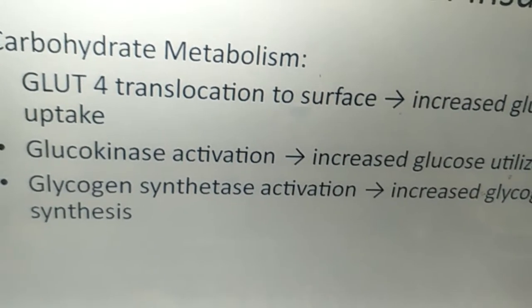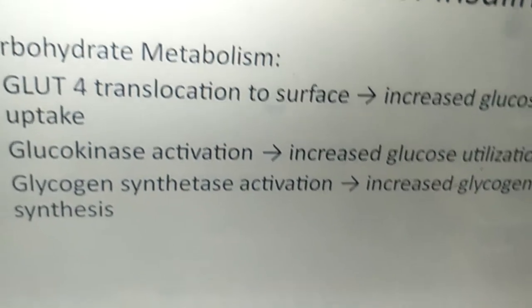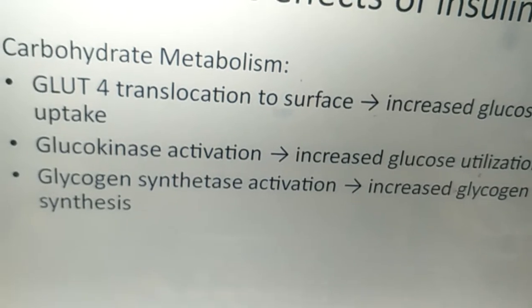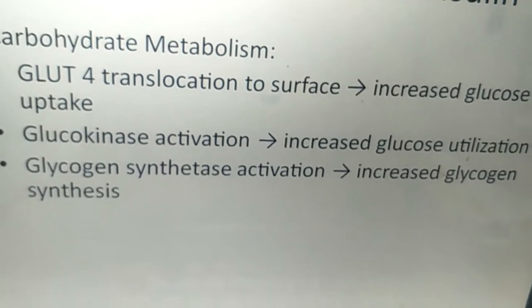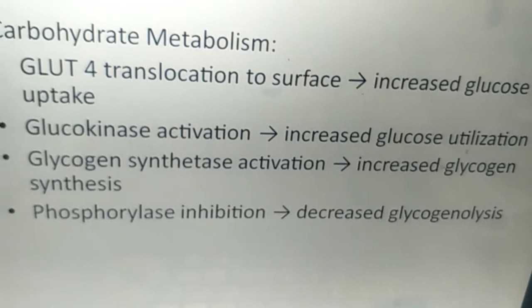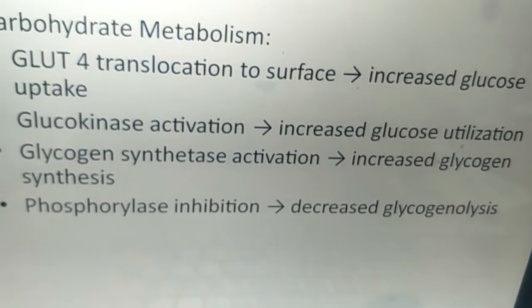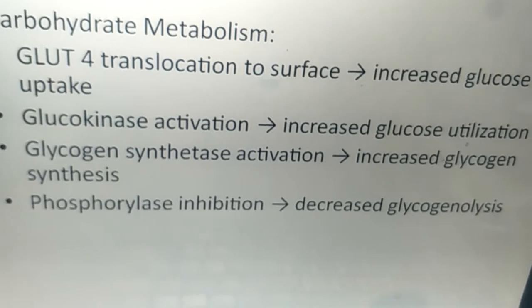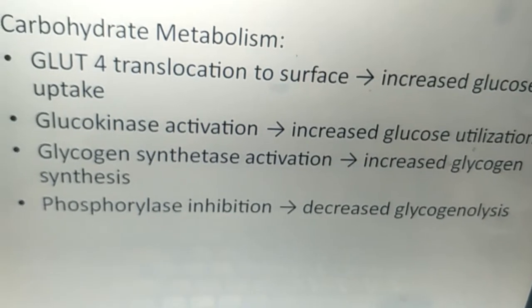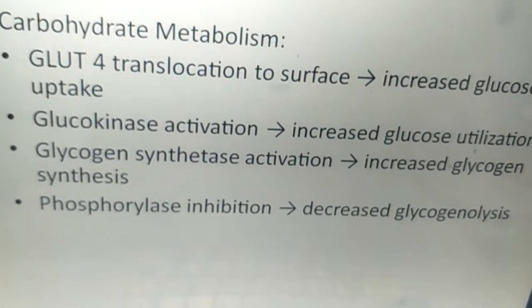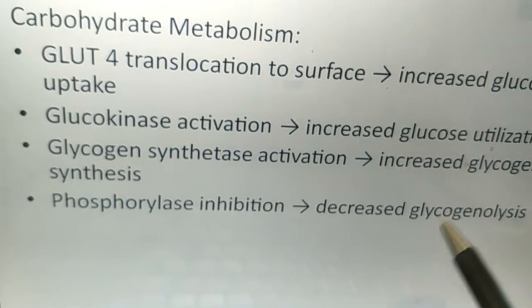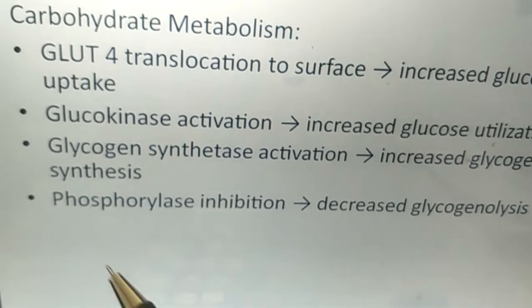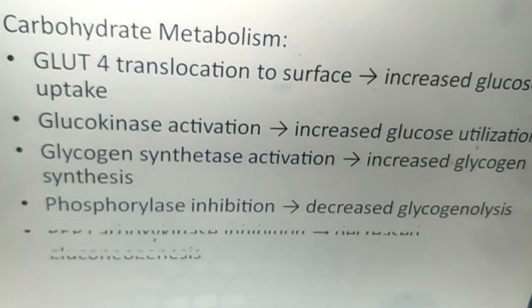Glycogen synthetase enzyme is activated, obviously synthesis of glycogen and its deposition increases. The reverse enzyme, phosphorylase, is inhibited, so glycogen is not broken down. Decreased glycogenolysis, glycogen lysis is reduced because of inhibition of this enzyme.